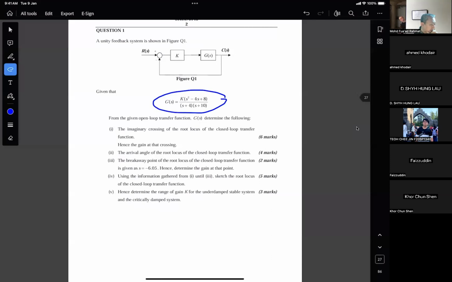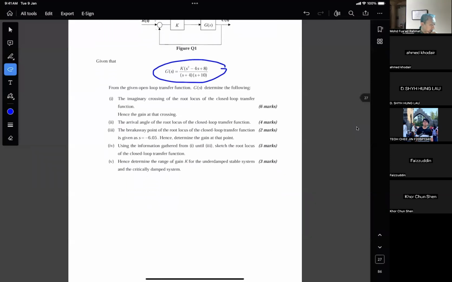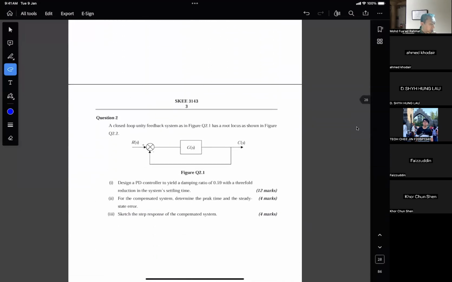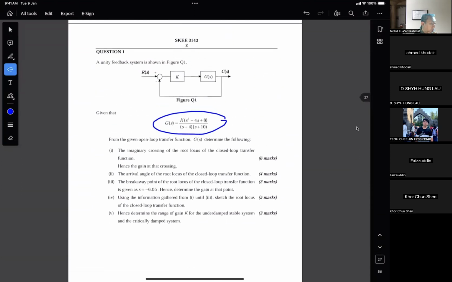Using the information gathered from 1 until 3, sketch the root locus of the closed loop transfer function. Hence, determine the range of gain k for the underdamped stable system and critically damped system. Right, thank you.